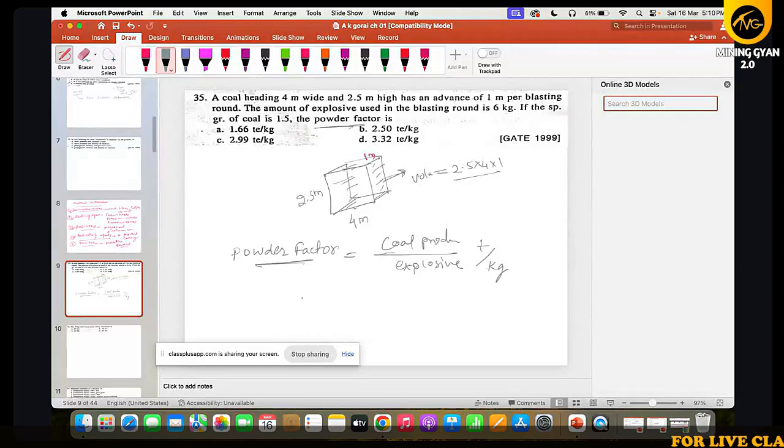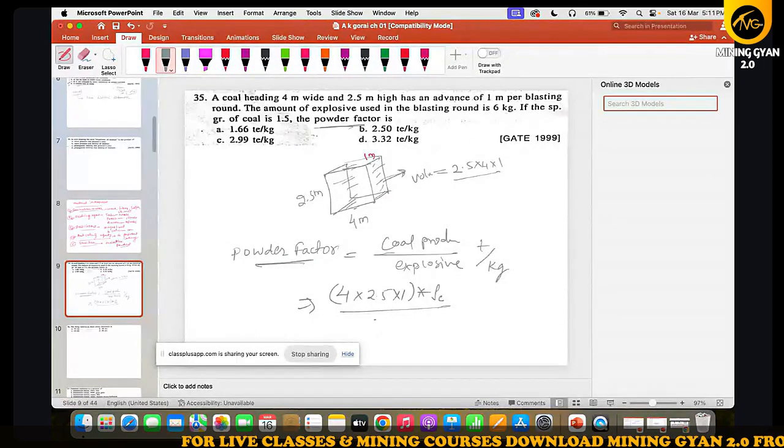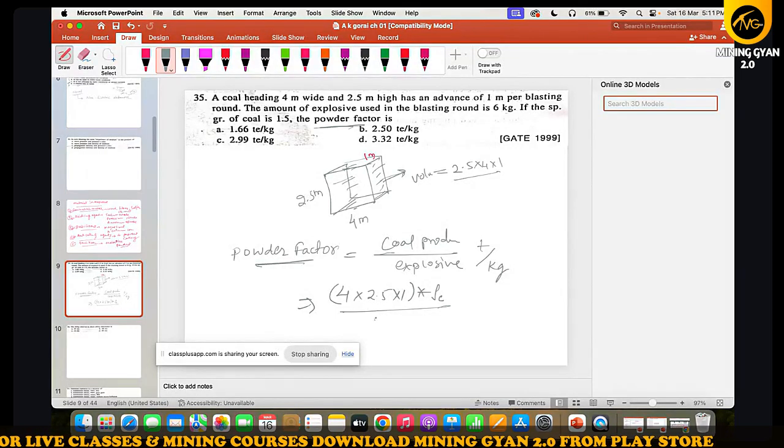So coal production is the volume and density of coal, divided by explosive.